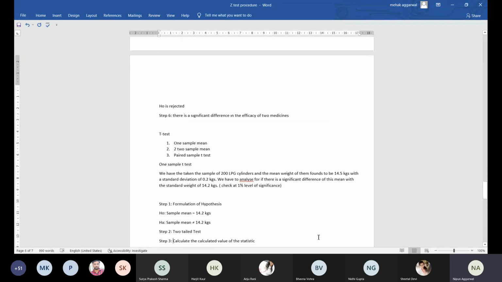So 1 sample T test means the sample size must be less than or equal to 30. So if this is the question, you can write a separate question. So write down the question for the T test, and I will explain from that only.